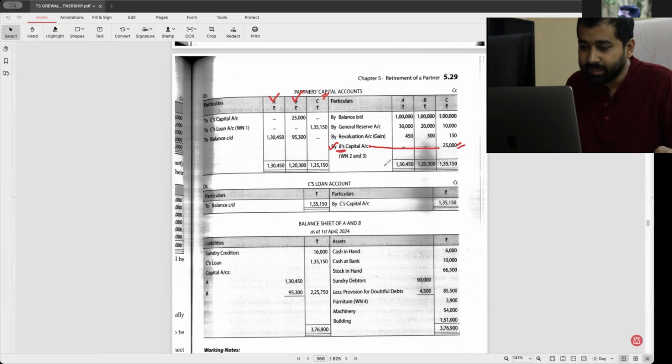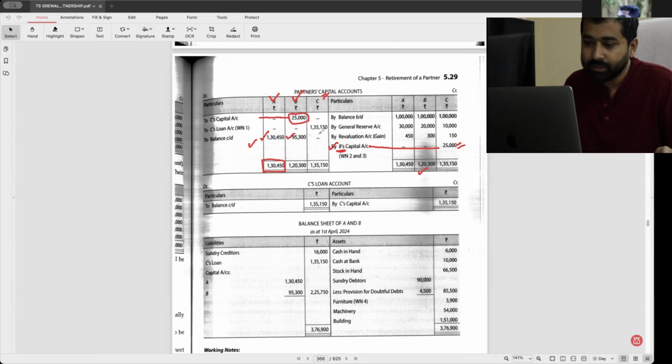So now for balance carried down, for A nothing was there on the debit side, so the full amount, 1,30,450, will be balance carried down. Here the total amount for B is 1,20,300. B's sum of the amount paid, that is in the form of premium, if you remember, 25,000, and the remaining money is treated as balance carried down, 95,300.